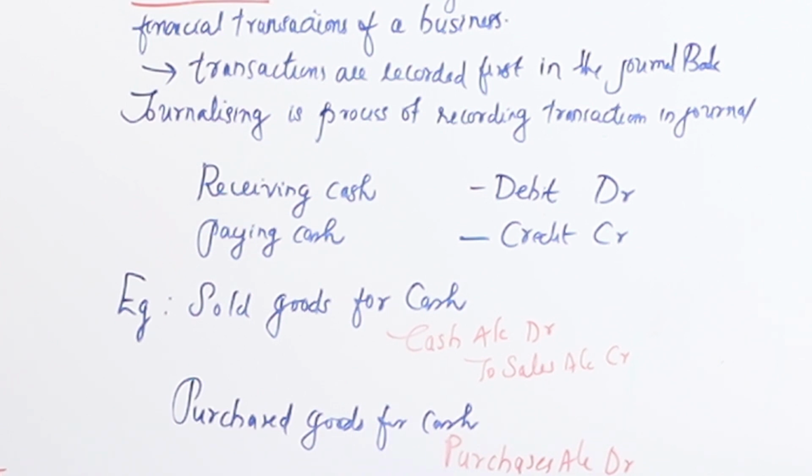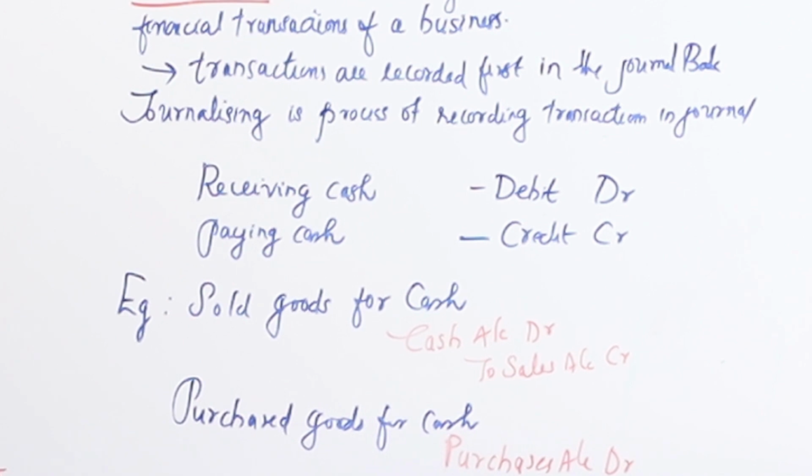As per double entry principle, one receiving aspect is there, one giving aspect is there. We are giving book to the customer and we are receiving cash. So that is cash transaction. Credit transaction means the payment or receipt will be at a future date. We are not going to pay the cash at the same time and we are not receiving also. The payment or receipt will be at a future date, that is credit transaction.